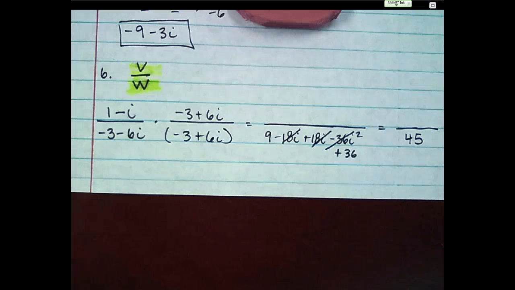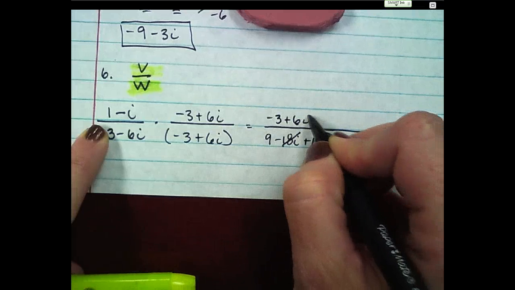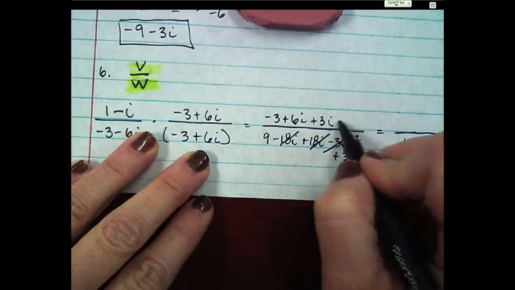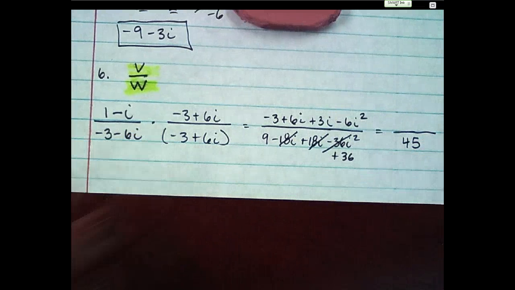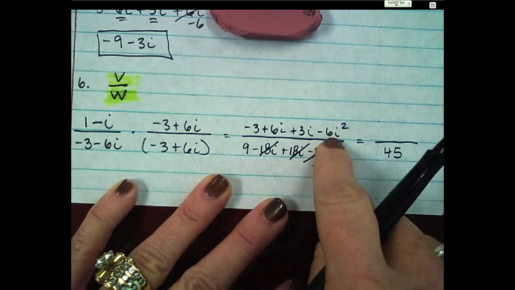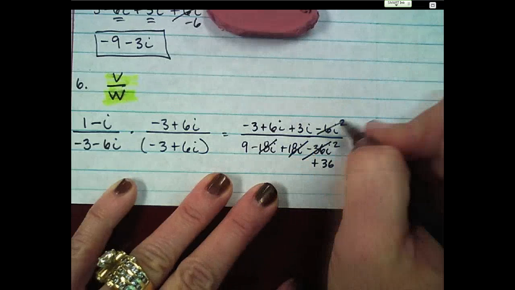Now do the top. So you're going to have -3 plus 6i plus 3i minus 6i squared. Combine like terms. This becomes what? -6 times i squared is plus 6.